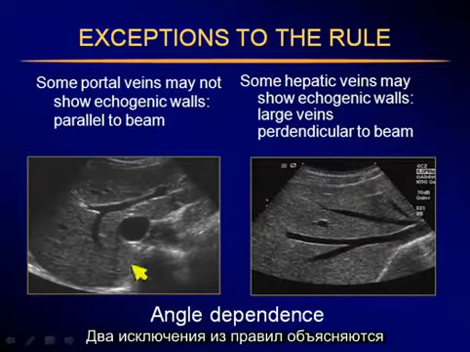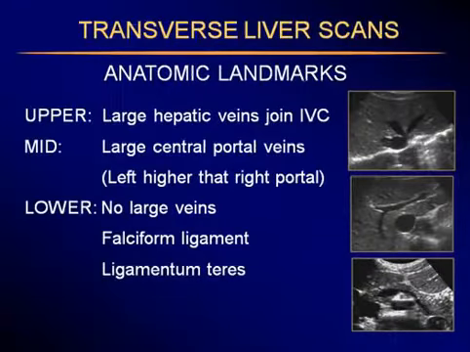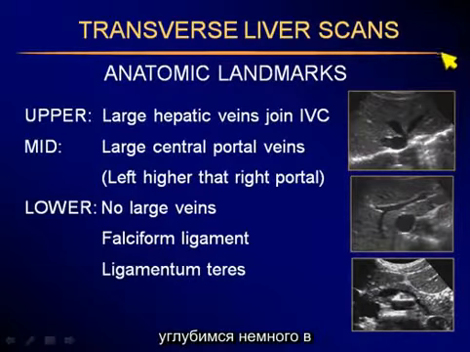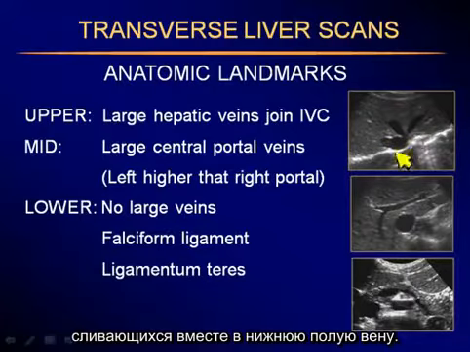So, two exceptions to the rule explained by angles. So now we have a little bit of insight into the anatomic landmarks on transverse scans of the liver. And let's look at these. In high portions, in the upper parts of the liver, we see large hepatic veins coming together into the inferior vena cava.